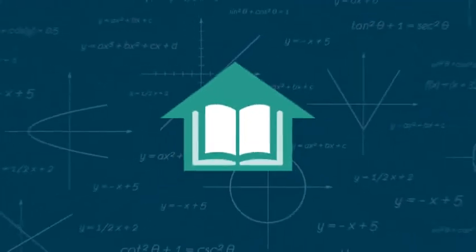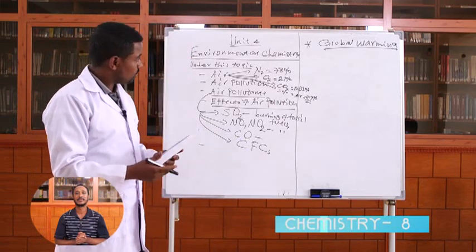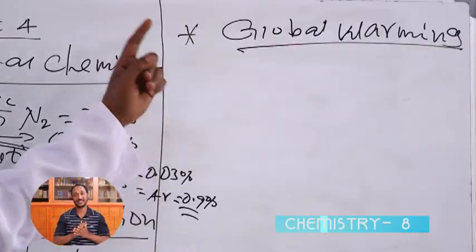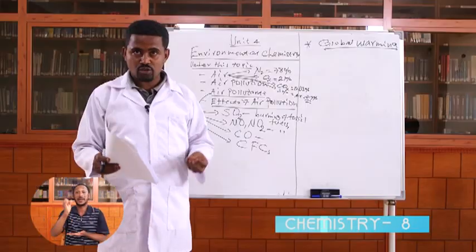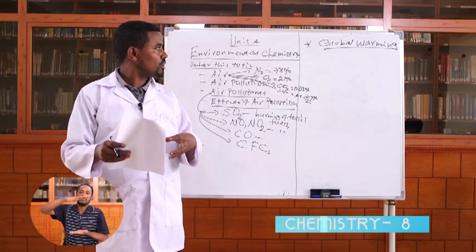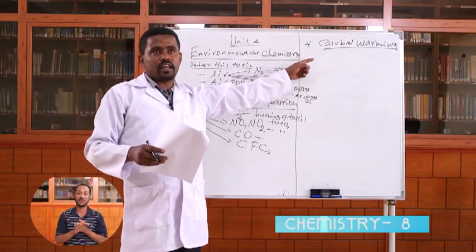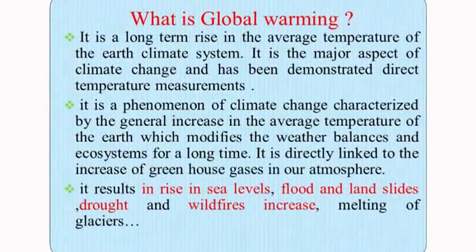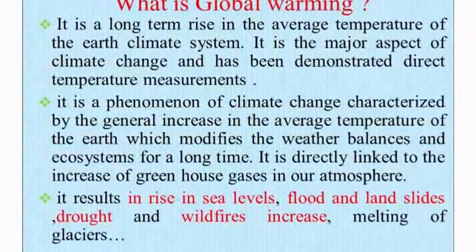Okay, let's see together. Global warming is the average increase or rise of temperature in the world. It is a long-term effect. Of course, global warming is a long-range raising of the average temperature of the Earth.